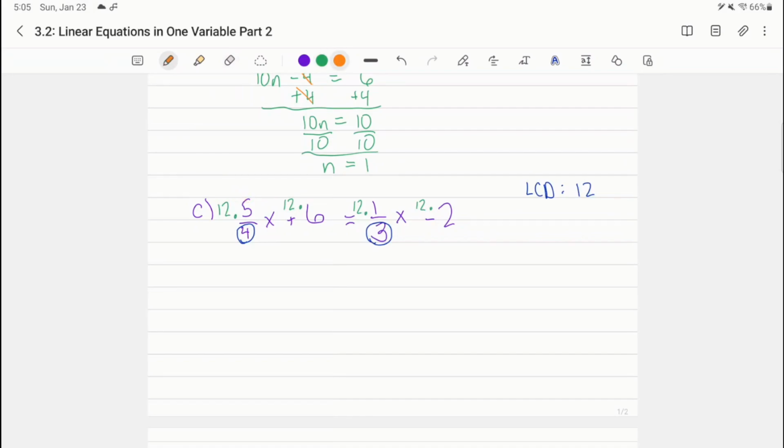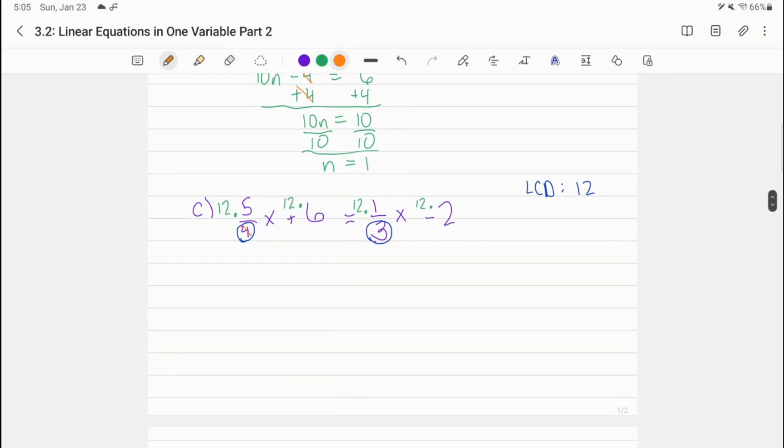Well, 12 times 5/4, the 4 reduces the 12 to a 3, and we're left with 3 times 5x, so 15x. There are no fractions here, so it's just 12 times 6, which is 72. 12 times 1/3, the 3 reduces the 12 to a 4, so we're left with 4 times 1x, which is 4x.